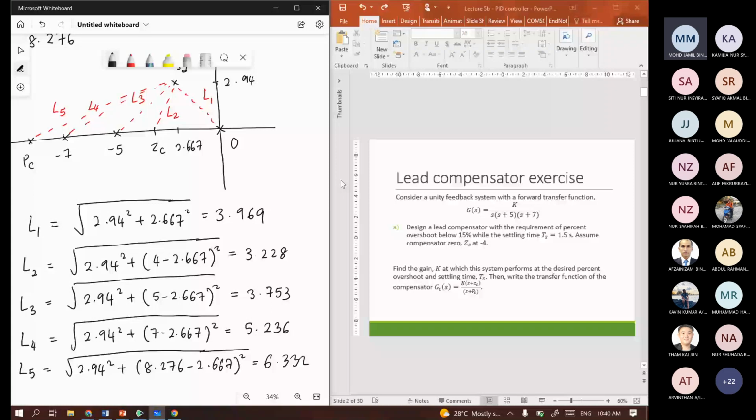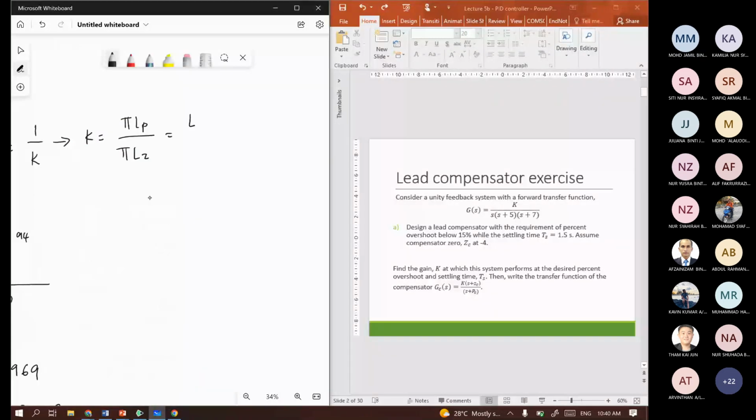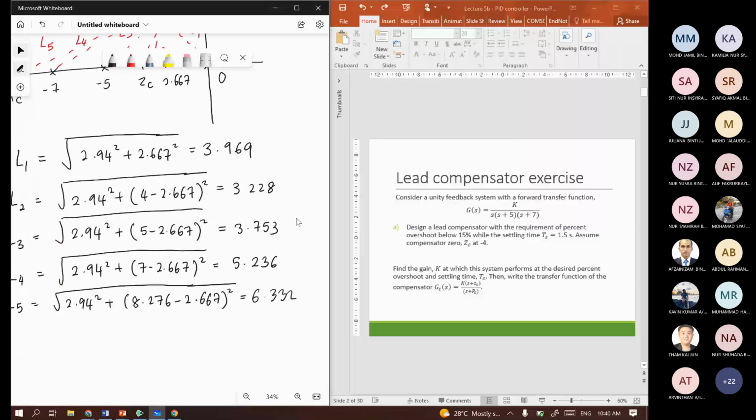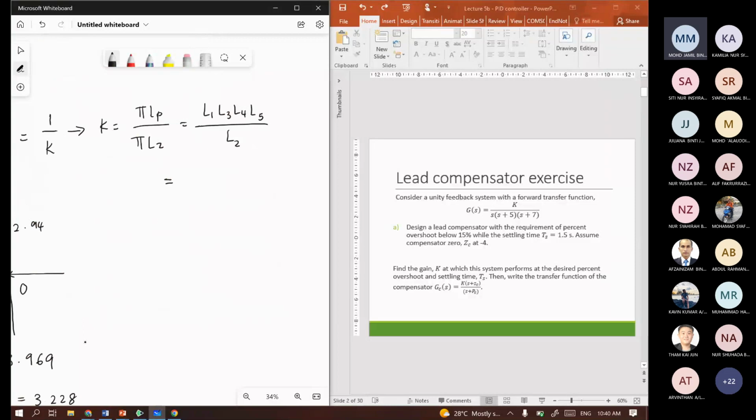So you can write it first. Then you can use a calculator to calculate the final value of k. So the value of k is 152 or 153.